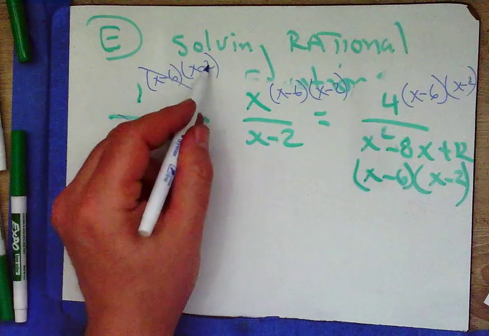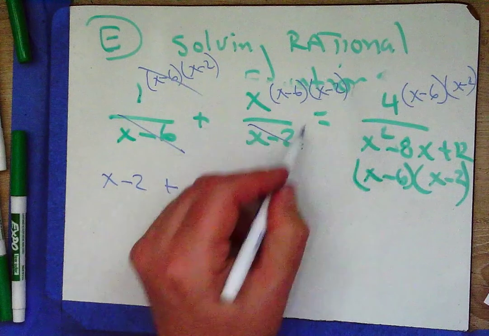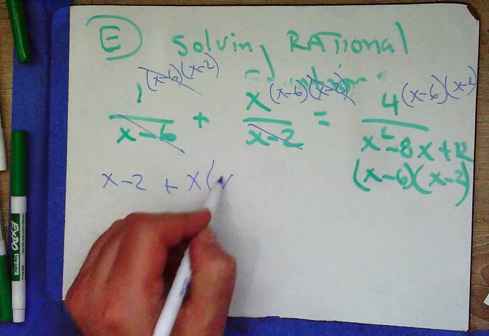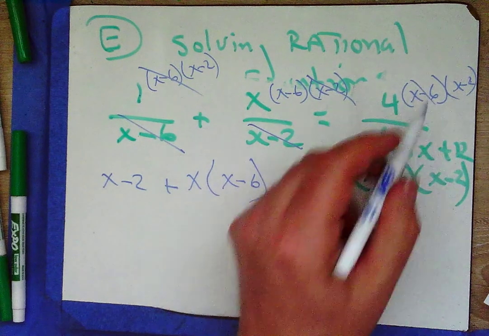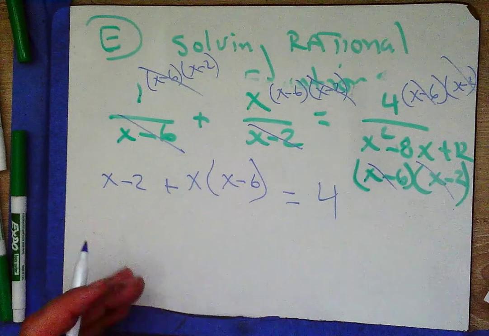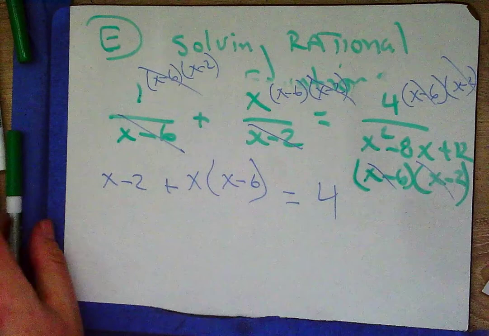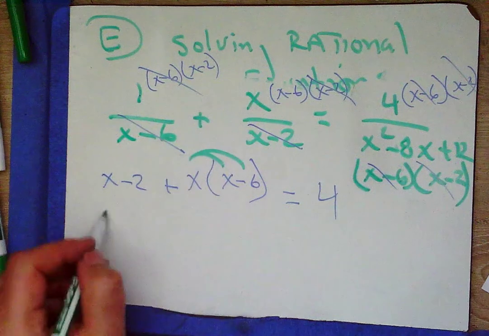So now I have 1 times x minus 2 plus x times x minus 6 equals, this cancels this, and this cancels this, so I just have 4. So that's great, no more fractions. Now I'm ready to solve this quadratic as soon as I distribute and combine like terms.